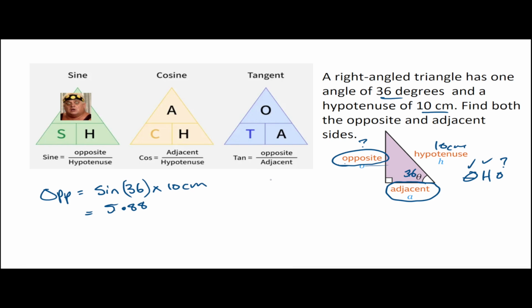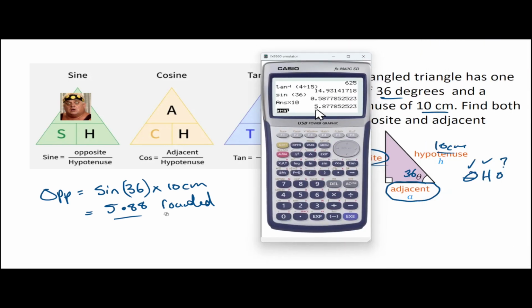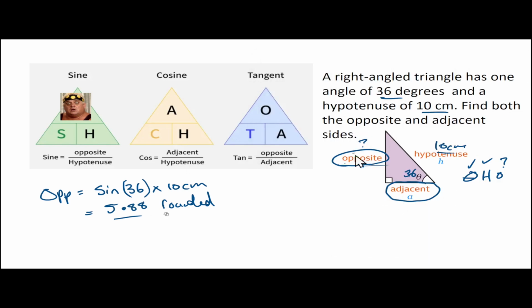Would we use Pythagoras' theorem at this point? In other words, square this number and square that number and subtract? The answer is no, you probably wouldn't if you have a choice. The reason why is this is rounded. I rounded it to 2 decimal places, so it's actually 5.87785. The fact that we've rounded means that there's going to be a bit of error that creeps in if we use that. So let's just ignore the opposite and go straight to the adjacent.